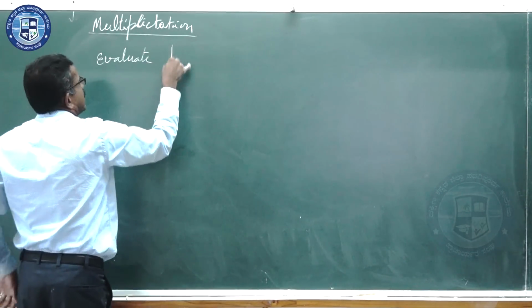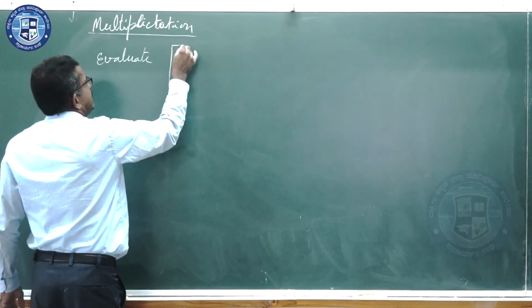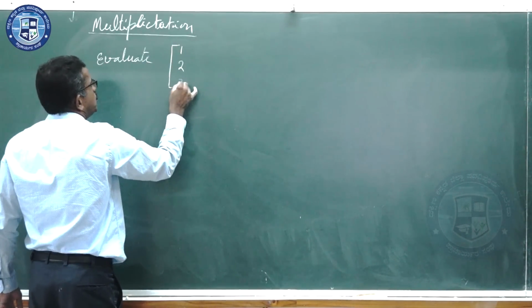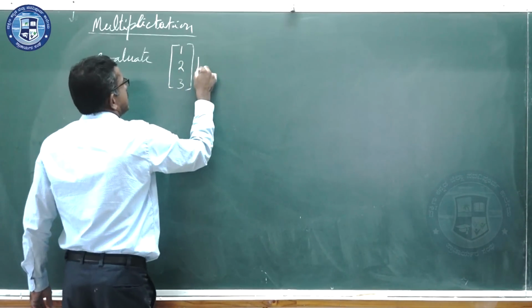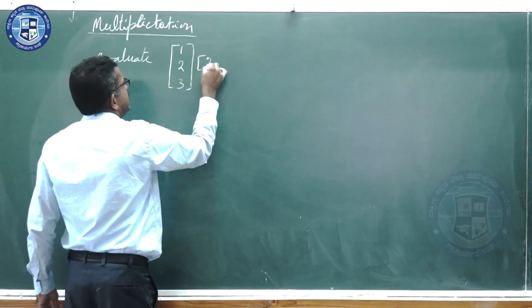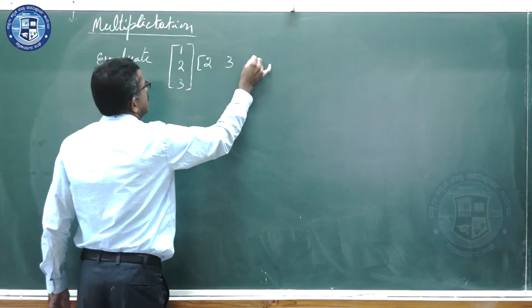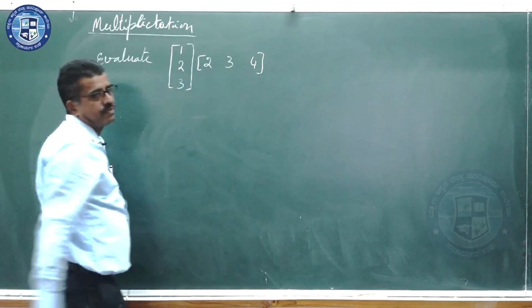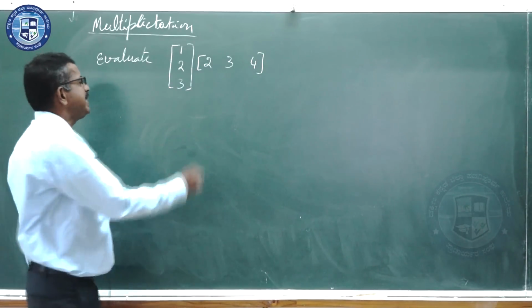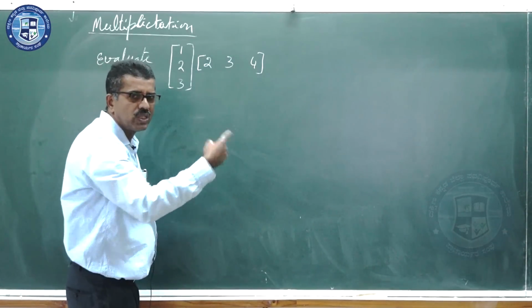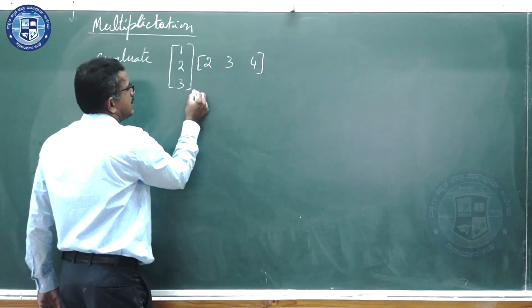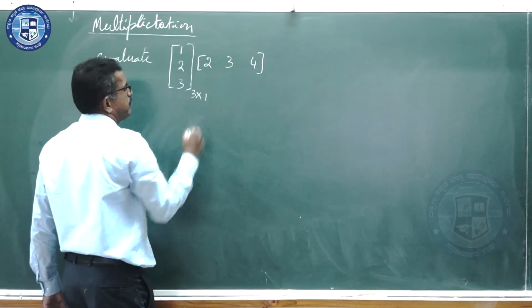The first matrix, I take a column matrix with entries 1, 2, 3. And the second matrix, let me take a row matrix with entries 2, 3, 4. What is the order of the first matrix? It is 3 cross 1.